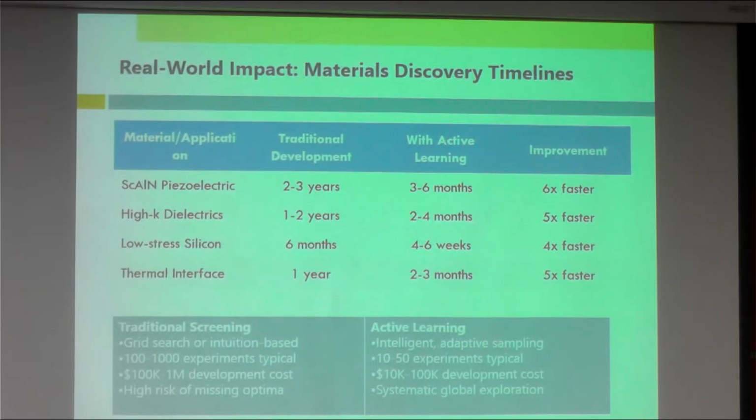Then with that, you are doing iteration to look for the property of the material. And 10 to 50 experiments might be sufficient, and 10 to 100K development cost, which is very much reduced in comparison with traditional screening, and it's a systematic global exploration kind of process.